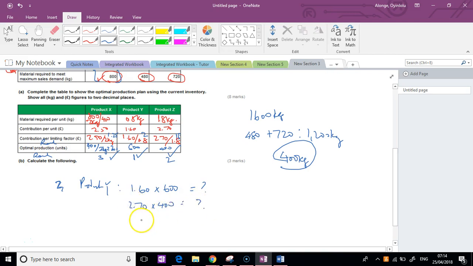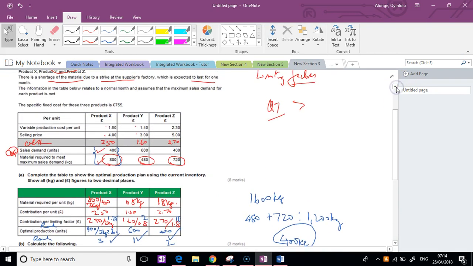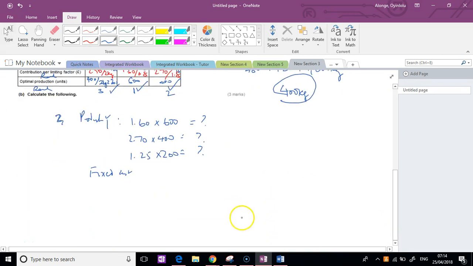And for product X, you have £1.25 times 200 units. You work those out, and I believe you have overall 755 or something along those lines. Then the fixed cost of 755, and your answer should give you the profit that you're looking for.